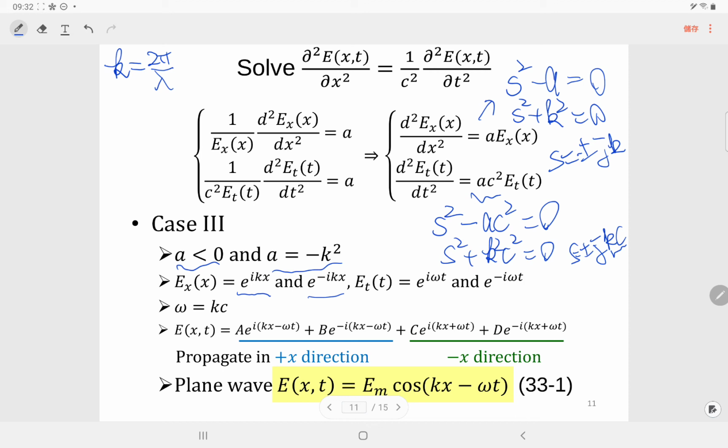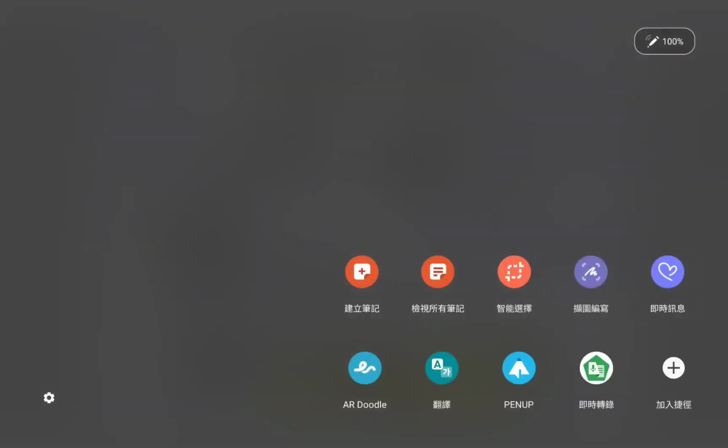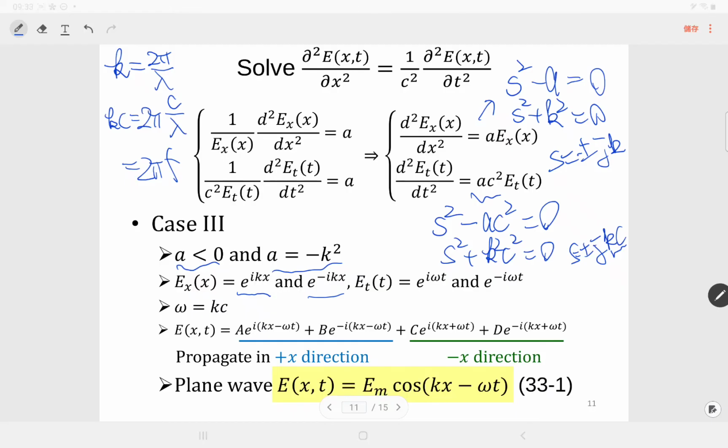So kc will be 2 pi c over lambda. c over lambda is nothing but f, so it is 2 pi f, which is omega. So here we have exponential of j omega t and exponential of minus j omega t. It looks like this, which means that omega is kc.